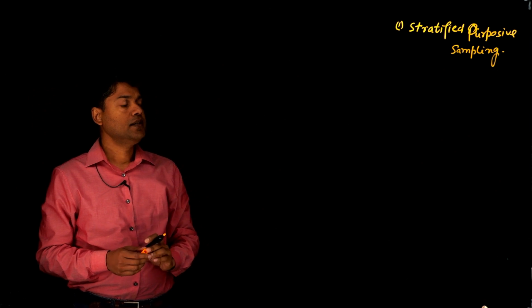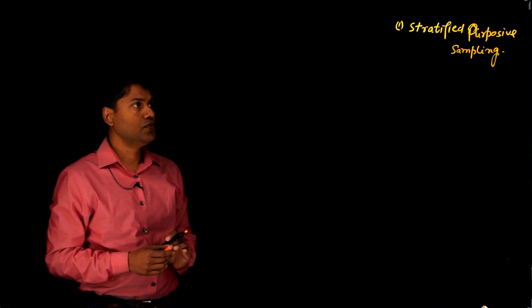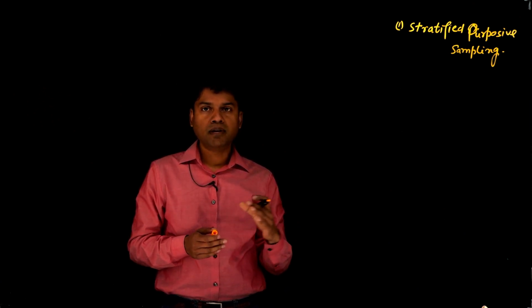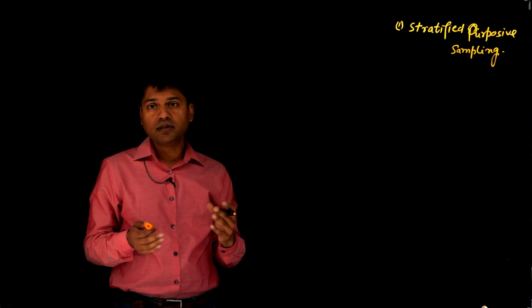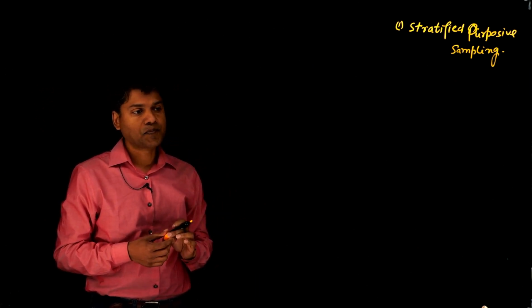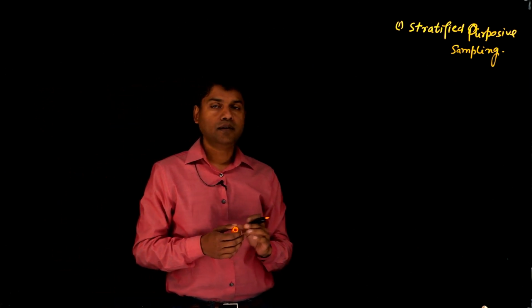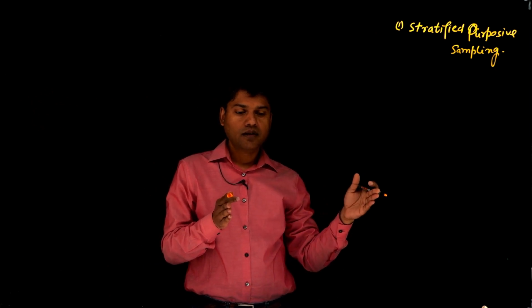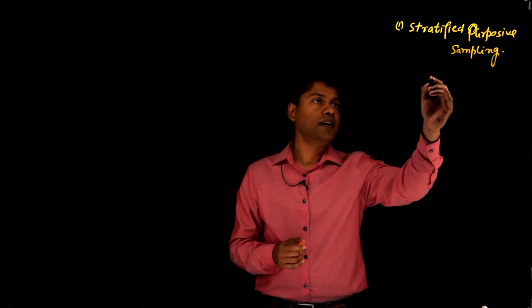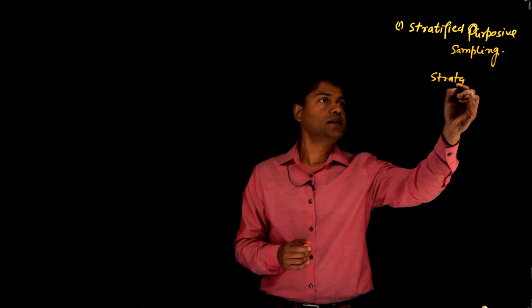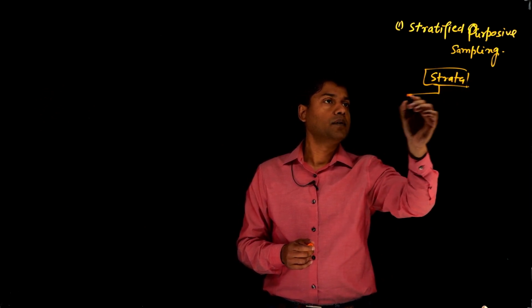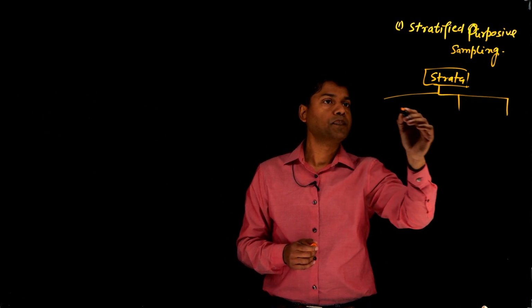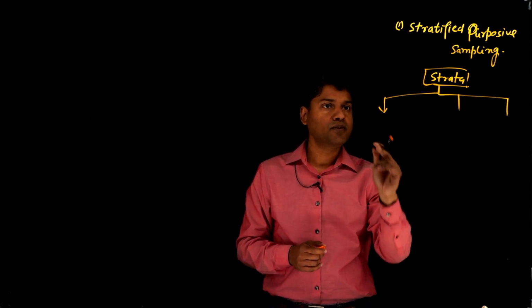In this strategy, what you do as a researcher, you first identify the strata which may be included in a phenomenon that you are interested to study. And once you identify the different strata, then you do purposive sampling in each strata. So the first thing is to find out what are different strata in your sample, and then you do purposive sampling for each strata.